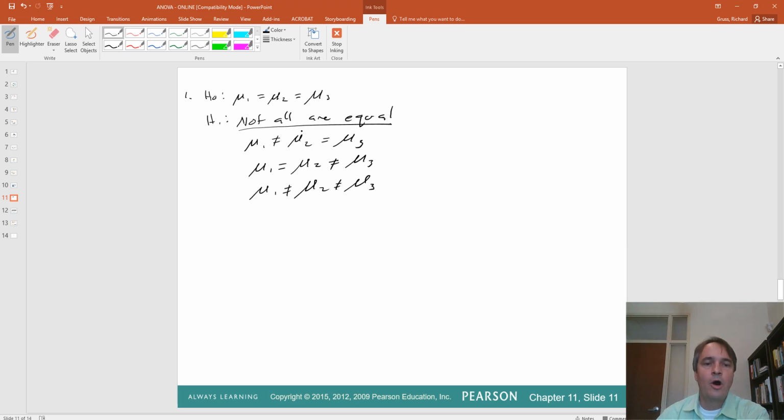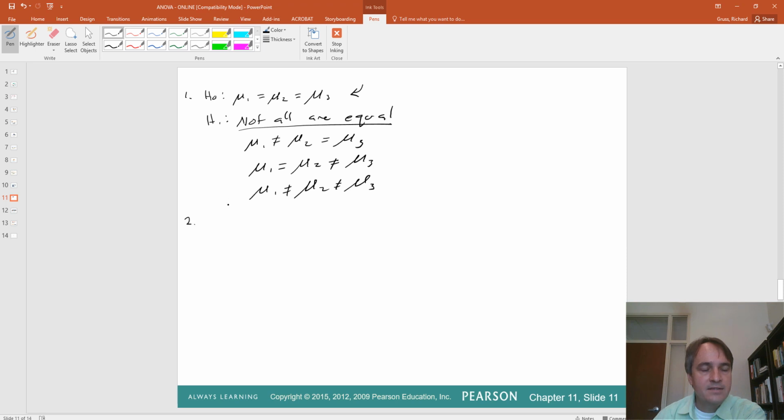Okay, so all that we are able to say when we reject this is that they're not all equal. So that's all the ANOVA gives us, but that's sometimes enough. Okay, so we've got our first step.